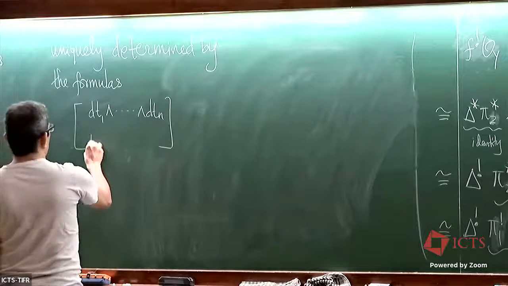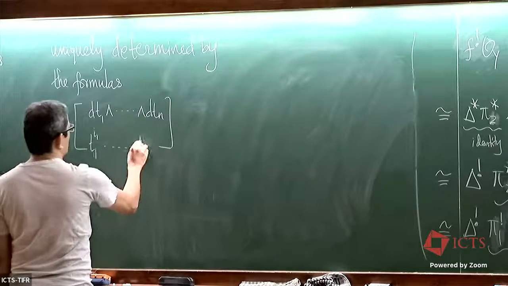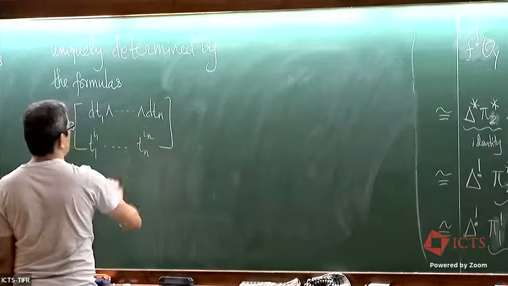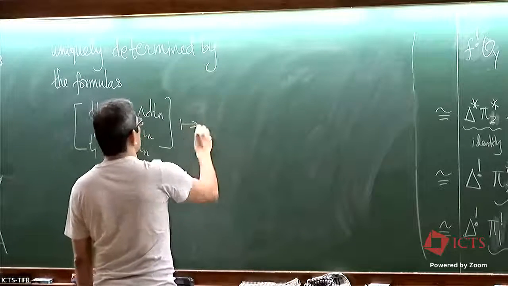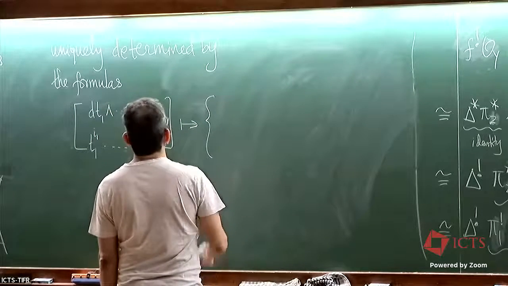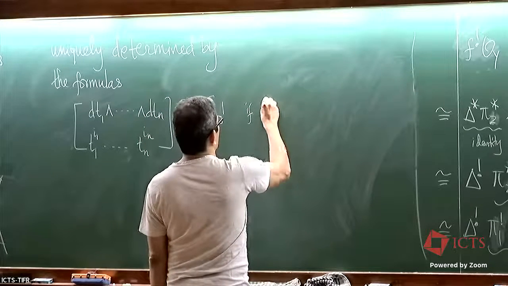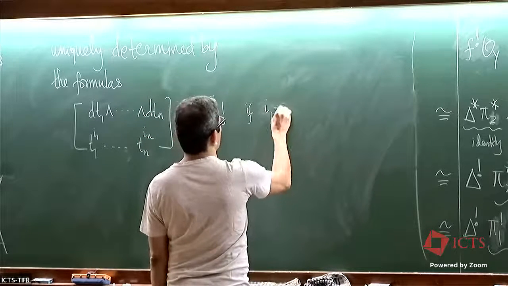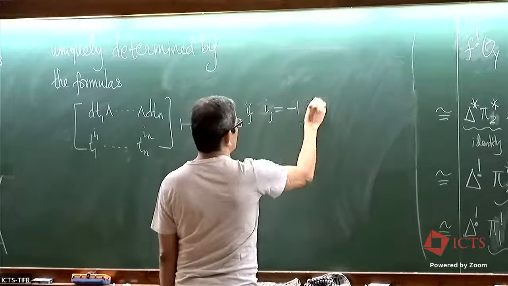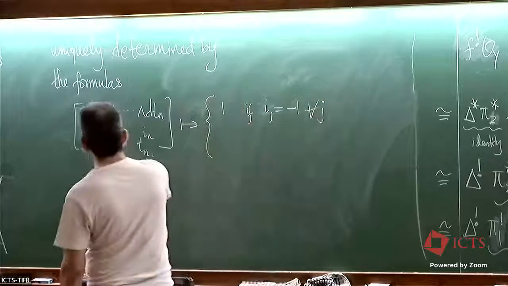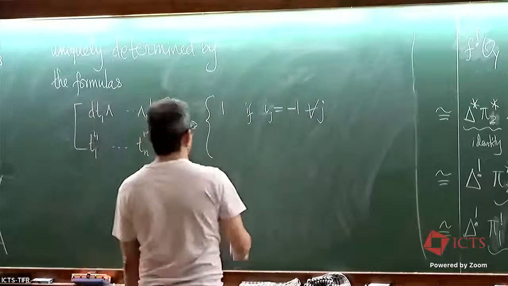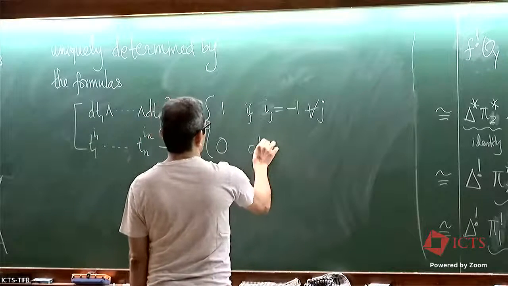So here I'll put t_1 to the power i_1, ..., t_n to the power i_n, and this will go to 1 if i_j is equal to -1 for all j. So basically, when it is -1, -1, -1 all the way through, and it's 0 otherwise.